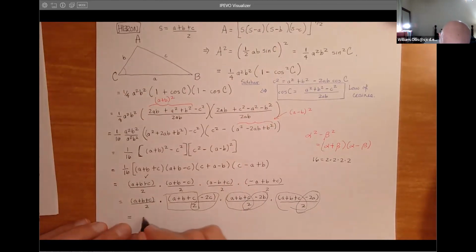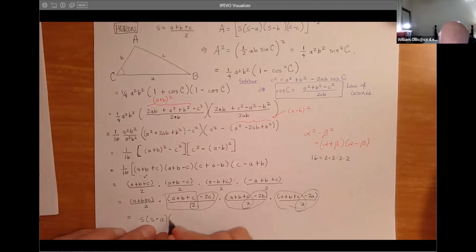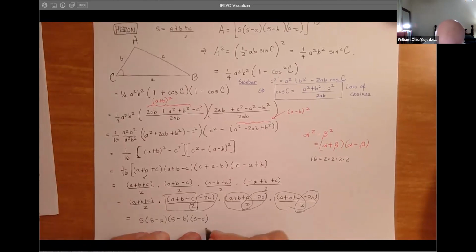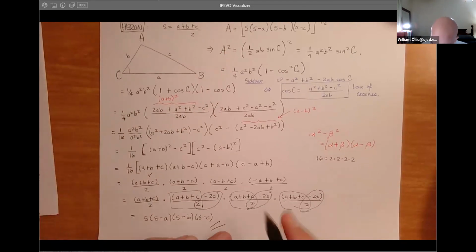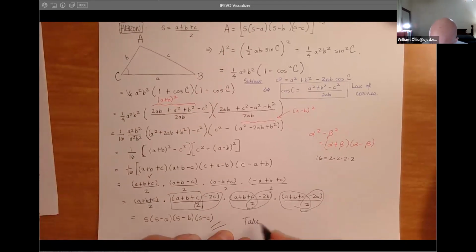So this gives us S times S. I'll do the A one first in alphabetical order. S minus B, S minus C, and we're done. You just take the principal square root and you have that. So I'll just say, take principal square root.